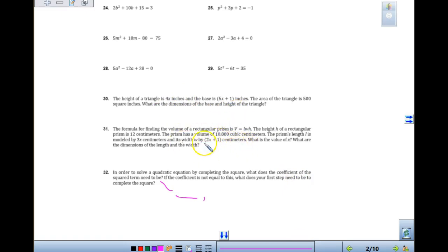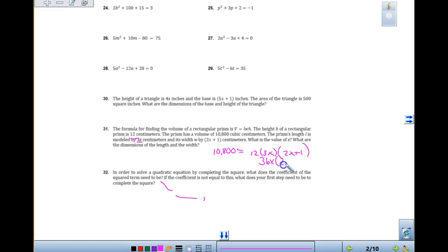So I am not going to answer 32, but how we did question 31 is really what you're doing. In 31, you're finding the volume, which is 10,800 cubic centimeters, equal to length times width times height. They tell us we have 12, 3x, and 2x plus 1. So we're going to go 12 times 3x times 2x plus 1. 12 times 3x is going to give us 36x.